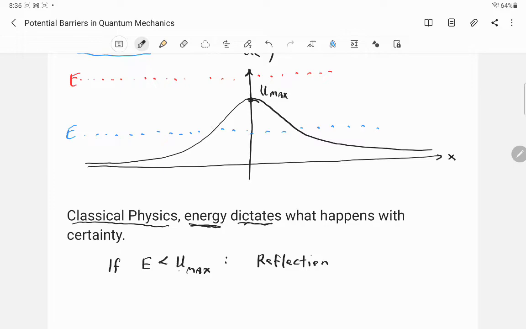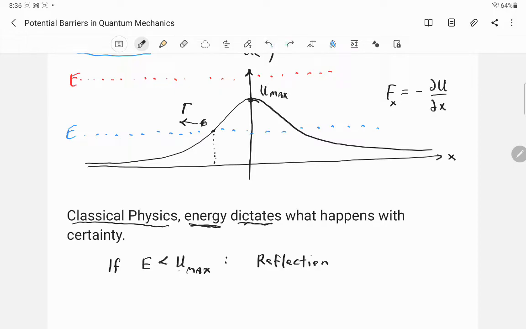Don't forget the basic relationship that the force in a certain direction x is the derivative with respect to x of the potential, but with a minus sign. Here the derivative is positive, but when you tack on the minus sign, the force is negative, a pushback on our particle. That's the force on that particle.